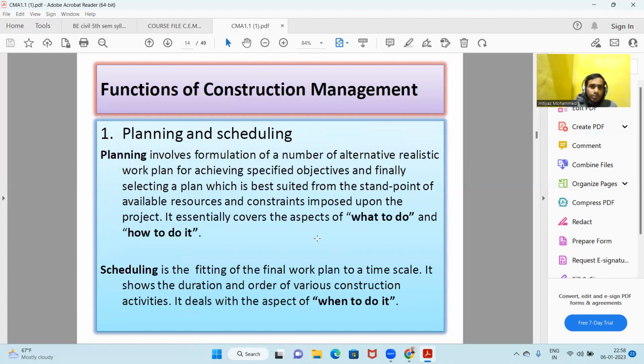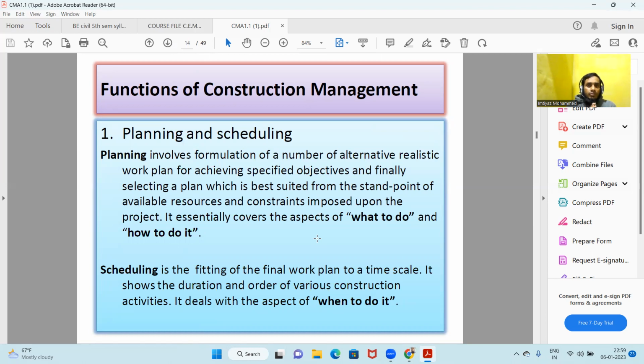Planning and scheduling is when we try to look at the different realistic ways in which we can go ahead with any construction work. We may have more than one plan, and we try to select the plan which is most suitable for us according to the available resources and the constraints imposed upon the project.